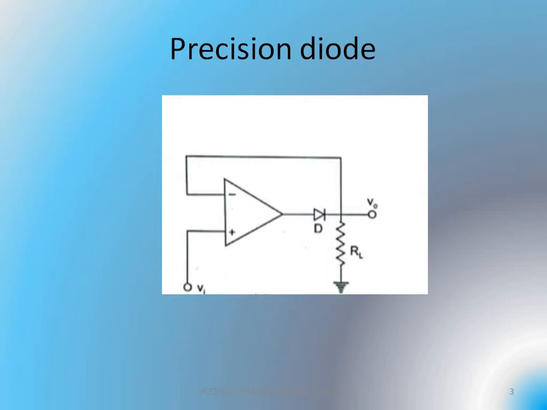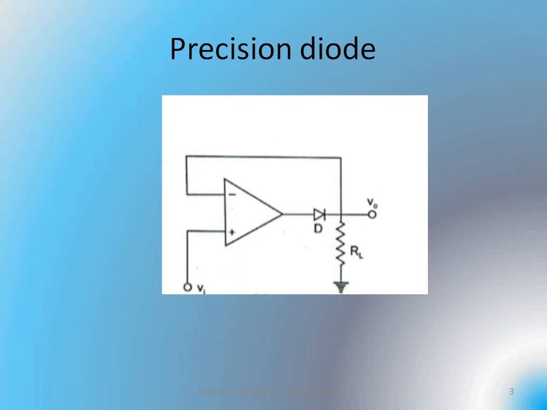The second case: assume that the applied input is negative. Due to that negativity, the negative signal will turn off this diode, so the circuit will be open. When the circuit is open, you won't find any output.